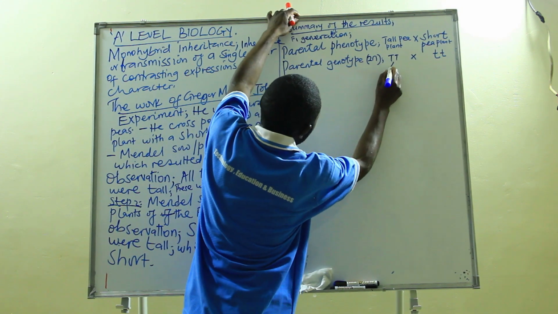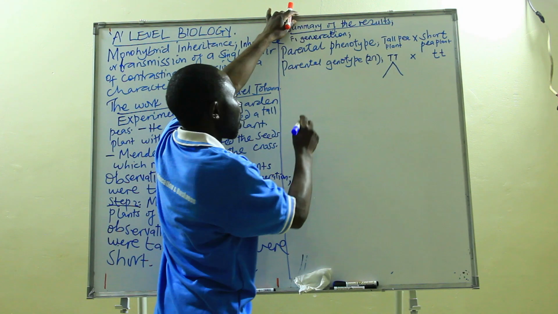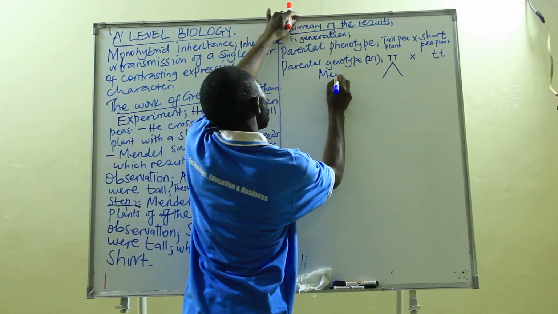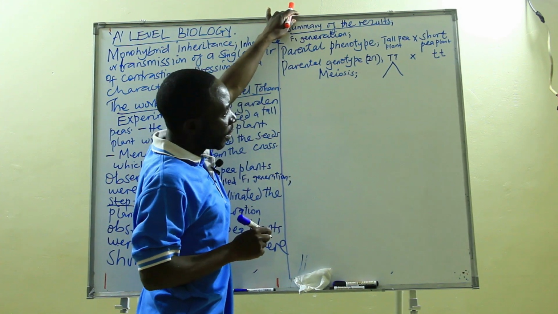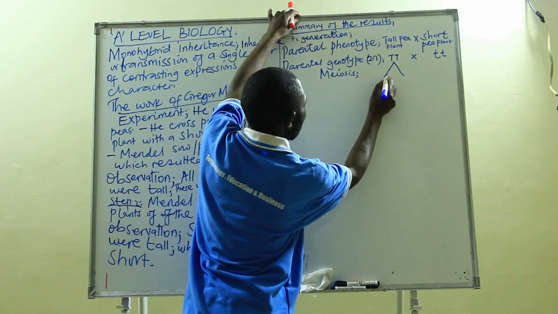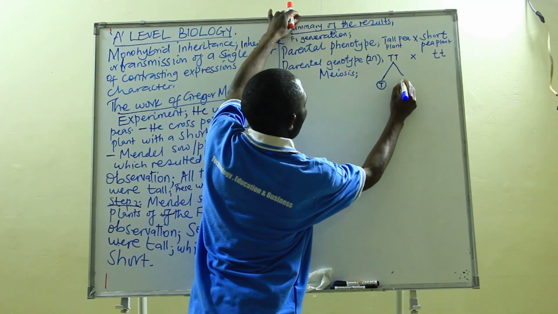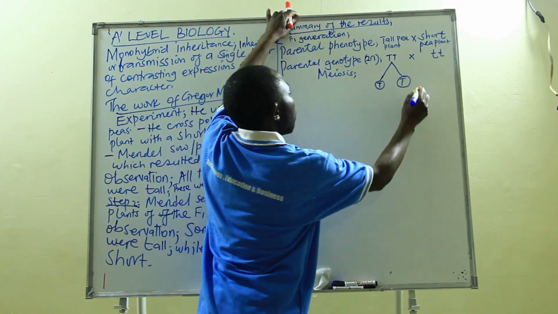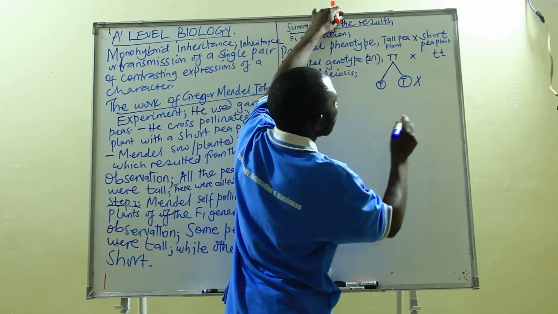The genes undergo segregation. They segregate during meiosis, as shown here. We still maintain the sign for crossing.